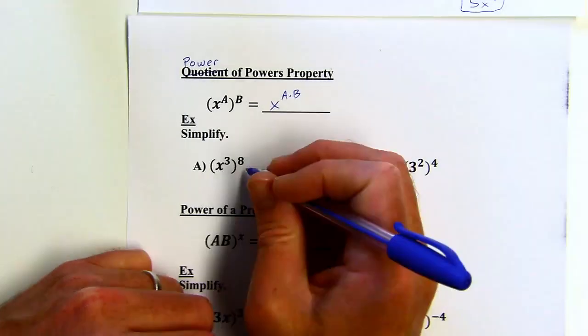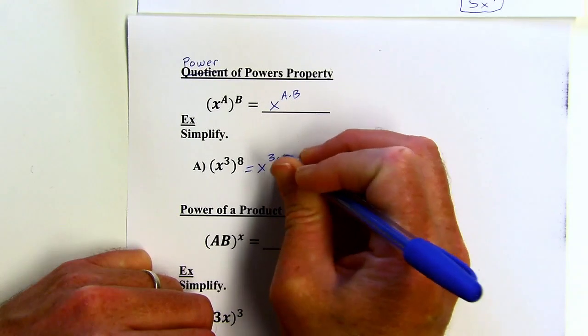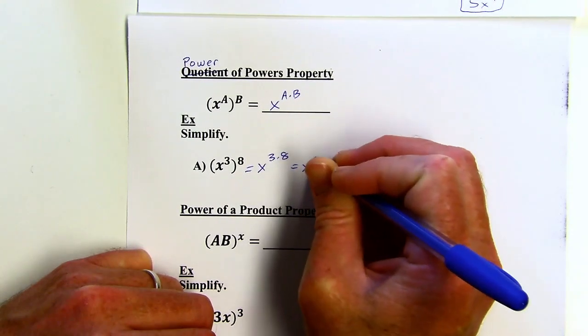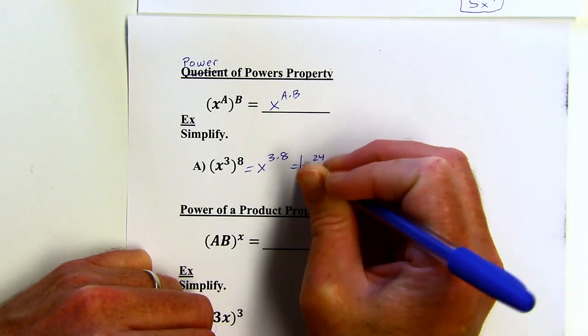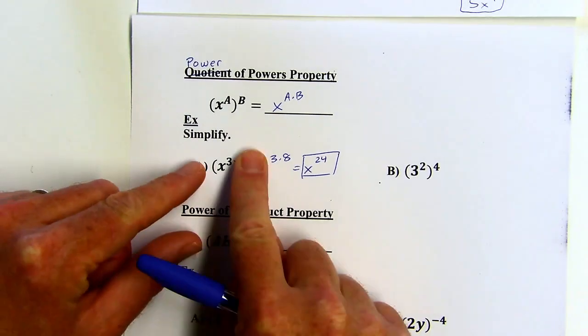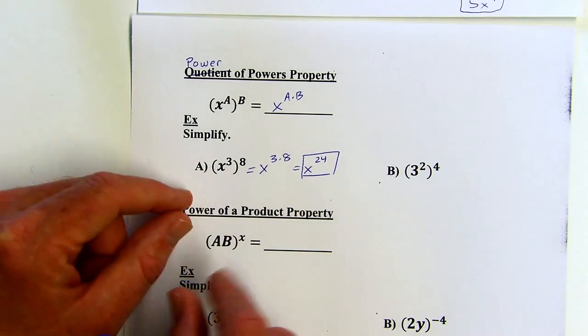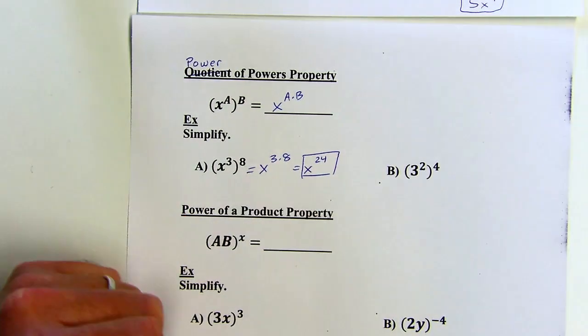Okay? So if we use that principle here, I've got x to the 3 times 8, which would be x to the 24th. Okay? And if you actually expanded it, inside these parentheses, that's x times x times x, and you'd have that 8 times. So you'd have 8 groups of 3 x's, so that's why it's going to be 3 times 8.